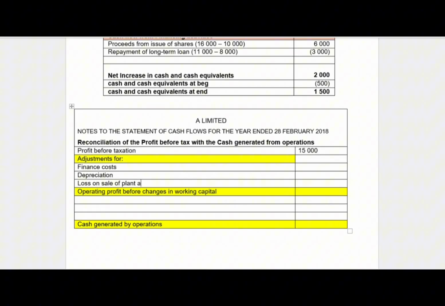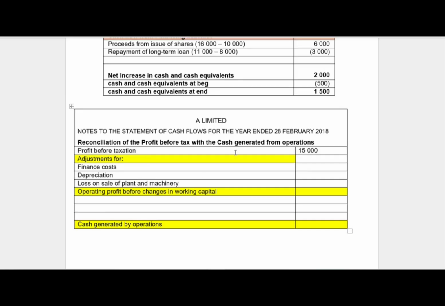These items are going to be added back when we adjust, because depreciation is a non-cash item. Loss on sale of plant is also a non-cash item. Finance cost is already included in the profit before taxation.